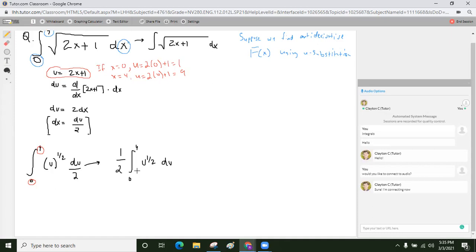When we say that u is this variable that's equivalent to 2x plus 1, in other words, for a given value of x, the equivalent value of u will be twice it and then add 1. So when we change our variable of integration to u, we need to use that same transformation on the bounds of integration.